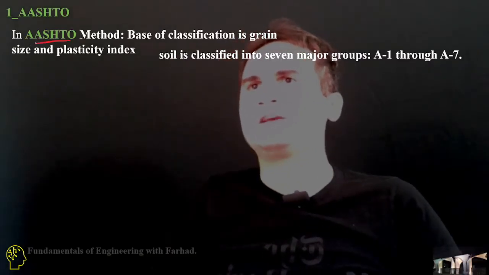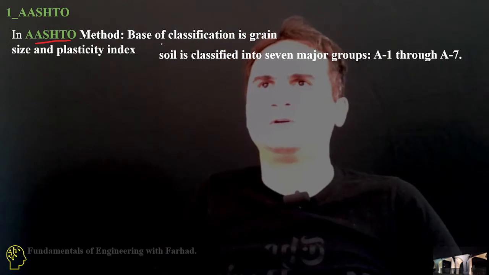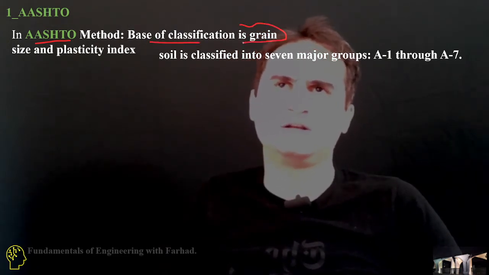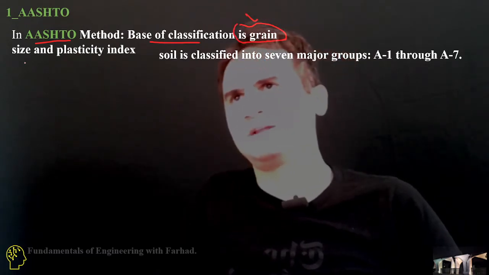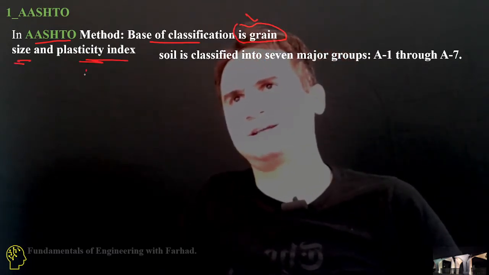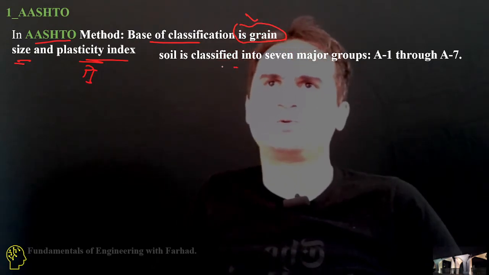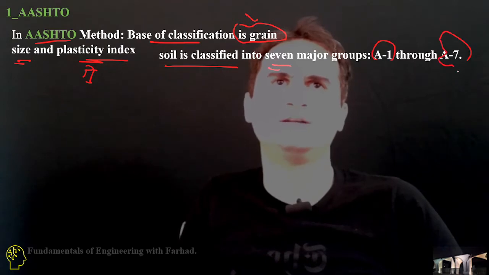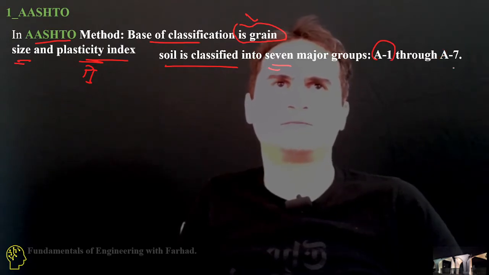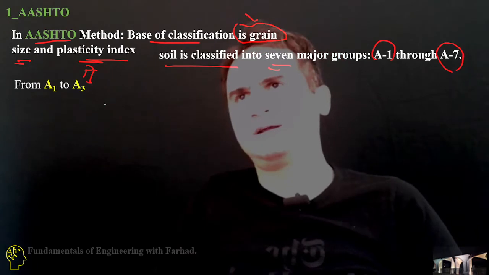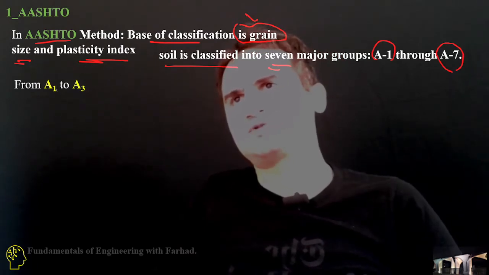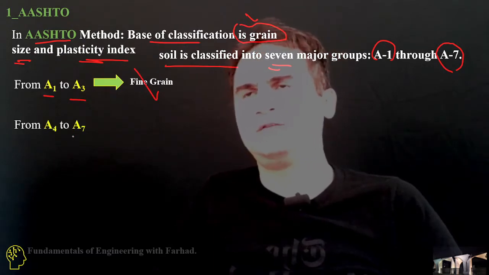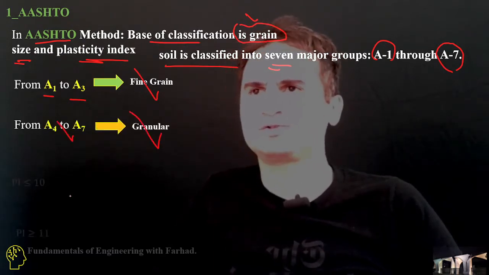In the AASHTO system, classification is based on grain size and also the plasticity index, PI, of the soil. Soil is classified into 7 major groups from A1 to A7 in AASHTO. A1 to A3 are granular soils, and A4 to A7 are fine-grained soils.